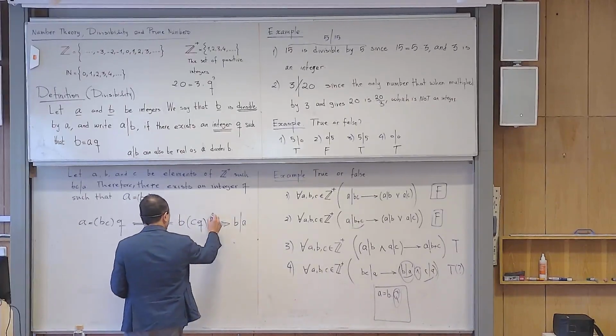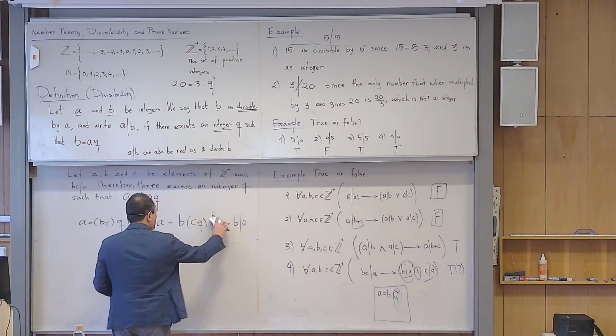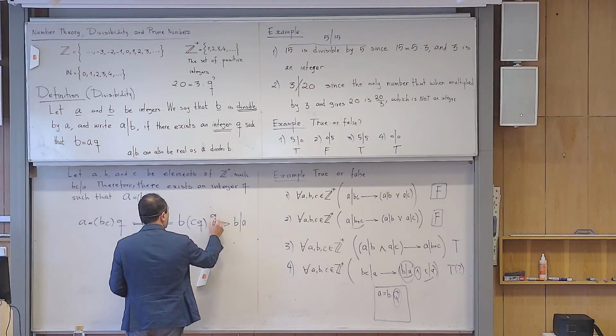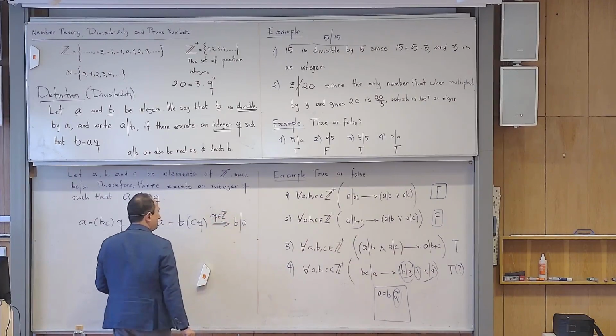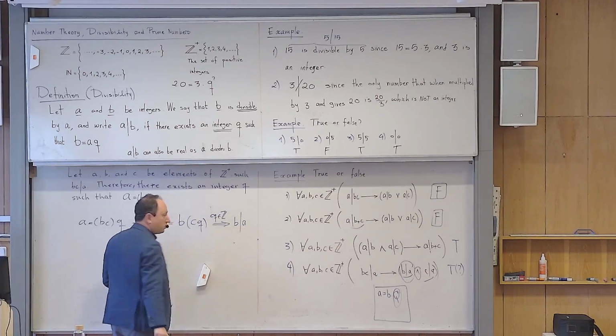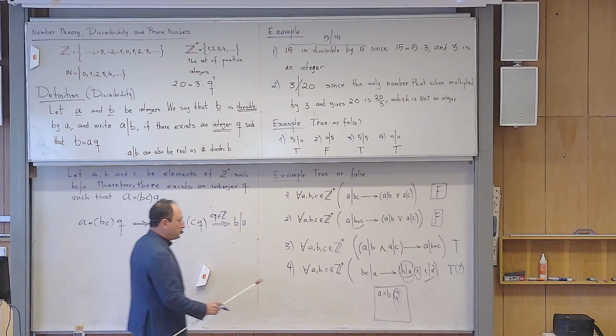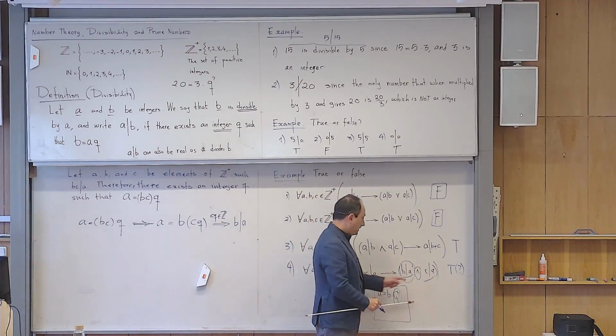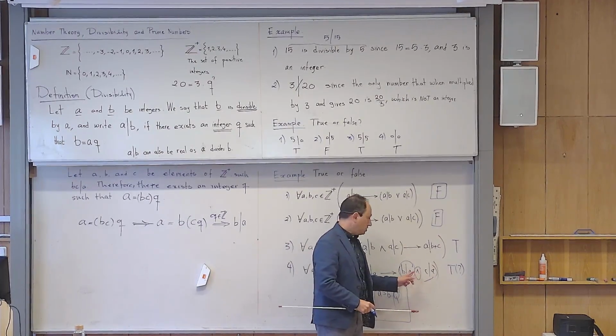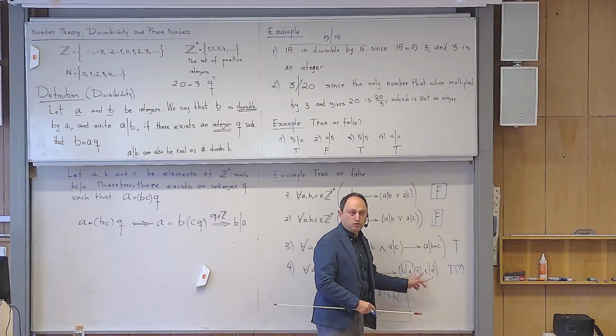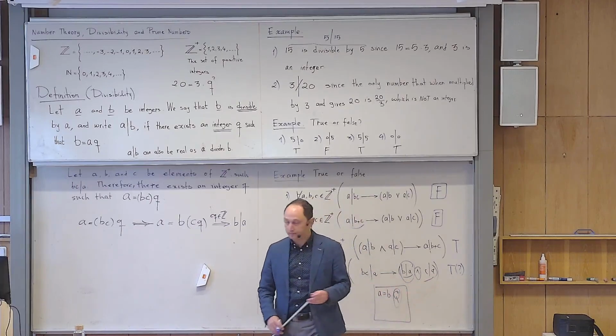So let me make it shorter a little bit, we don't have that much time. So CQ belongs to Z, therefore I can conclude that B divides A, okay? But this only proves this one, but I have an and here. So not only do I have to show this to be true, I have to show this one is true as well.